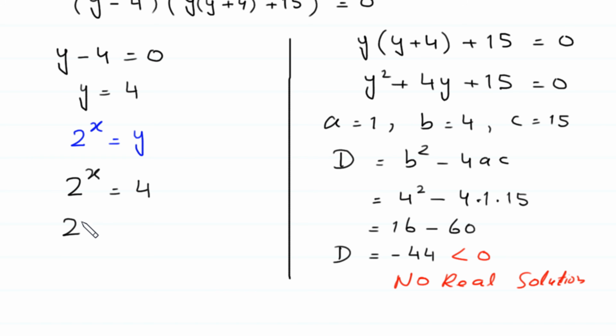Next, 2 to the power x is equal to, we can write this 4 as 2 to the power 2. Now you can see that base is same at both sides, so this 2 will be cancelled with this 2, and the value of x is equal to 2. This is the value of x.